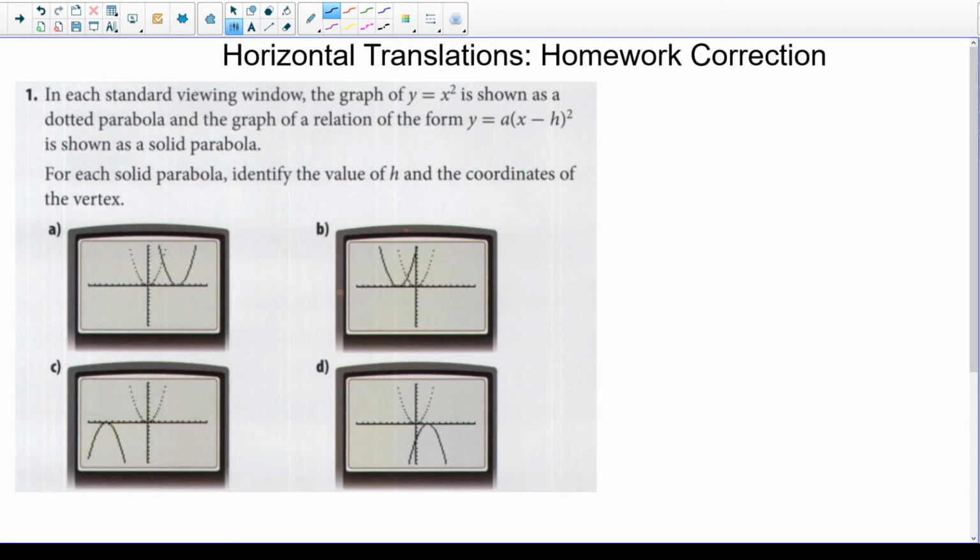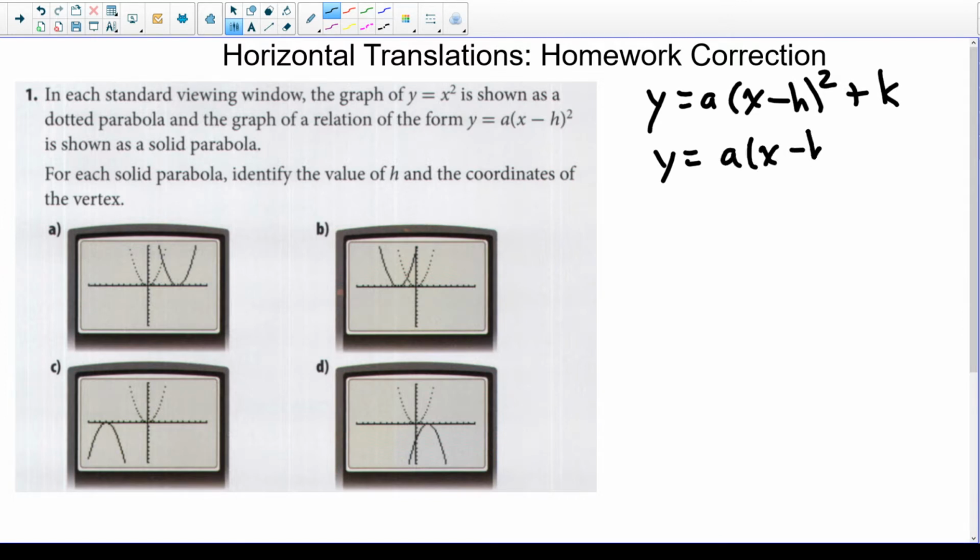So if you remember what the formula looks like for a quadratic that we're dealing with transformations in, that's the general form. But we're only going to be looking at the x minus h part, and the a part might come into play as well.